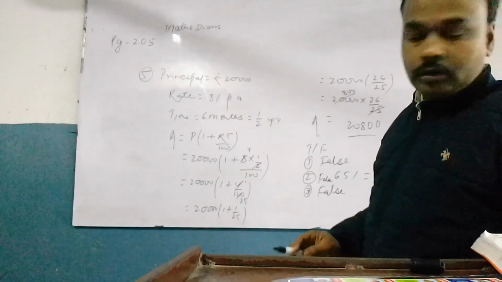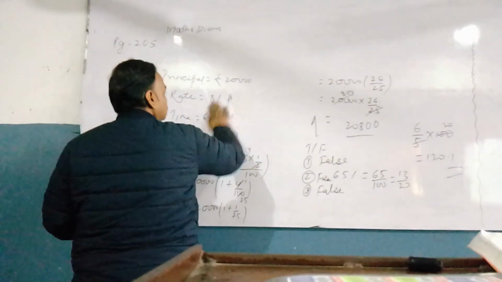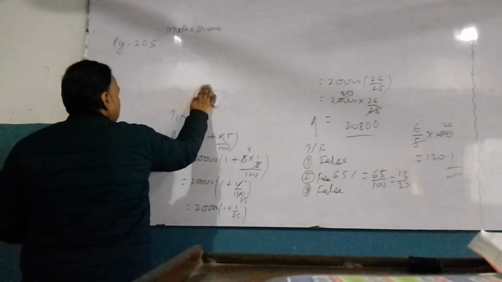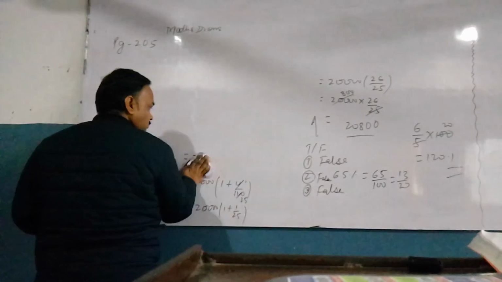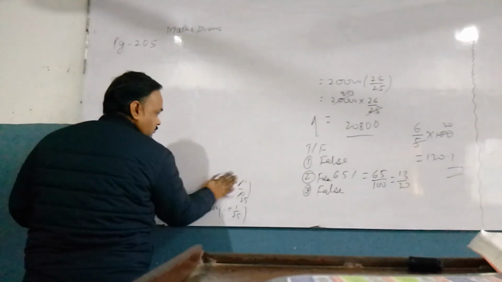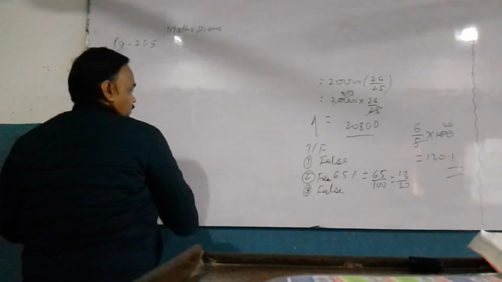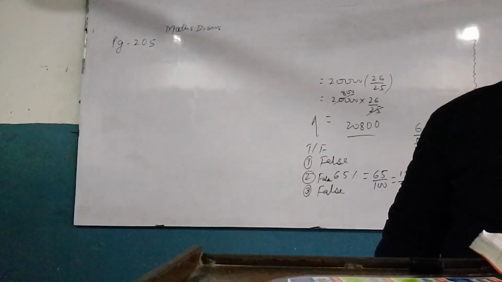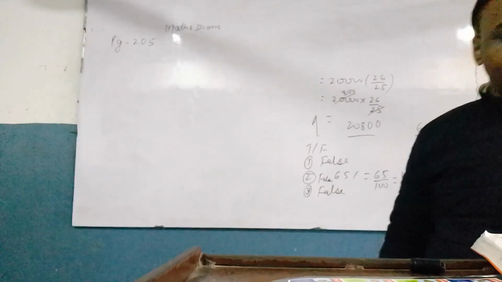Now see question number 4. The simple interest on a sum of rupees P for T years at R% per annum is given by the formula SI is equal to T into P into R by 100.